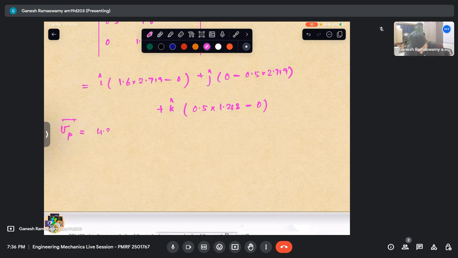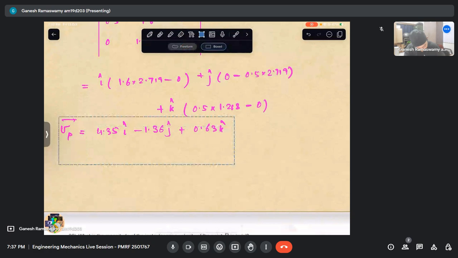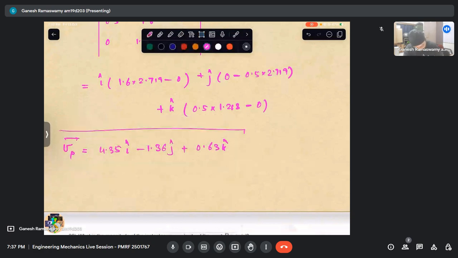And this will be minus 1.356 j, and for k, 1.268 gives 0, so plus 0.63 k cap. Very well. So we have found out the velocity of point P, the absolute velocity of point P due to this motion.